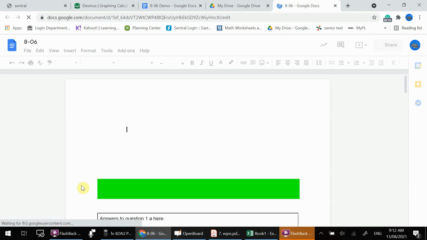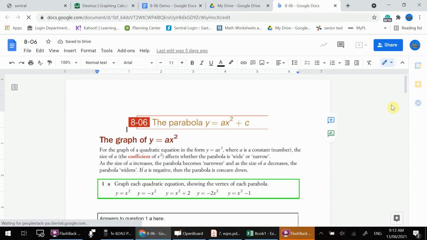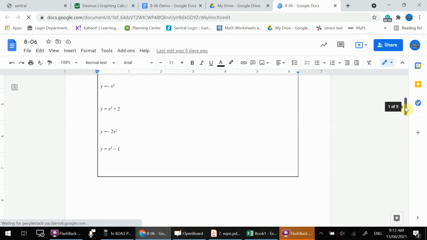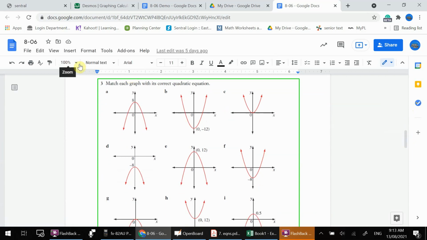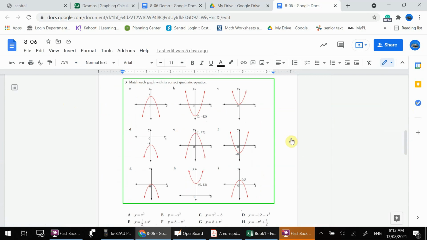I think it's that one. There it is. Yep. Okay. So now, this one here. How to do that one? Just take it down so it fits a bit better. So we're matching up the graph with the equation.